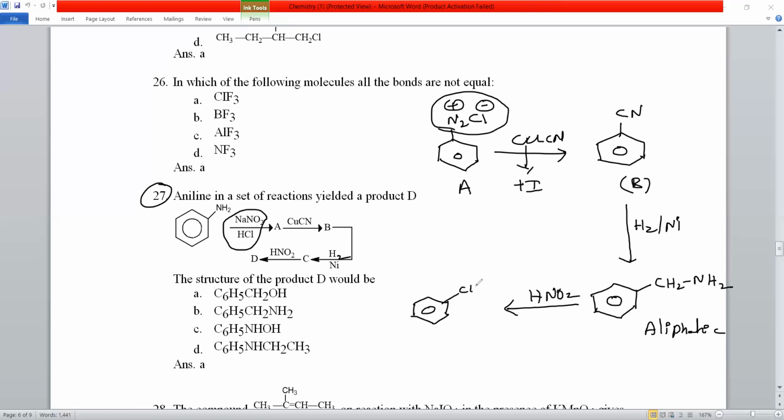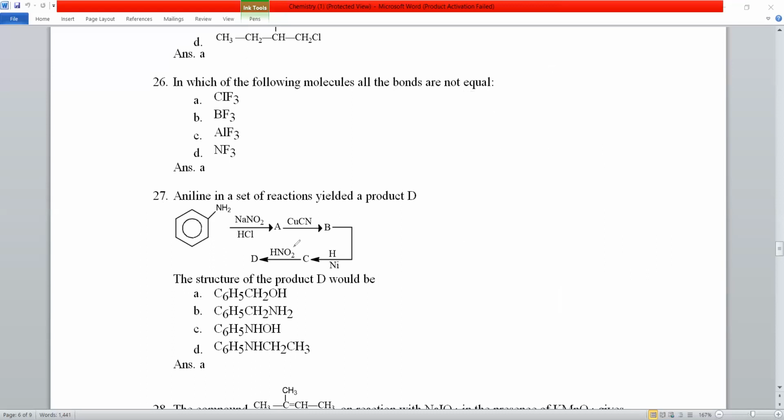So here CH2OH we will get. Why? Because the diazonium chloride salt is unstable. First, it will form CH2N2 plus Cl minus compound. This is unstable, so immediately N2 gas will be released and we'll get an alcohol in its place. So the answer should be benzyl alcohol. Option A is the correct answer. Next, question number 28.